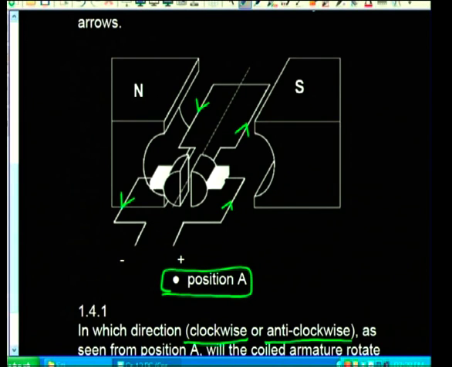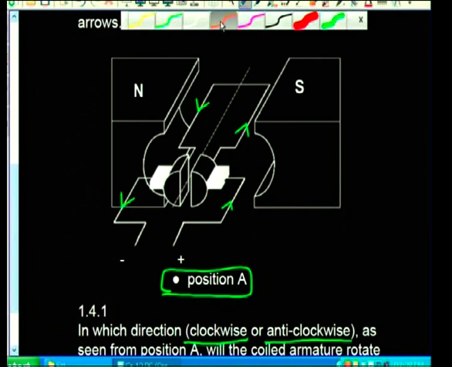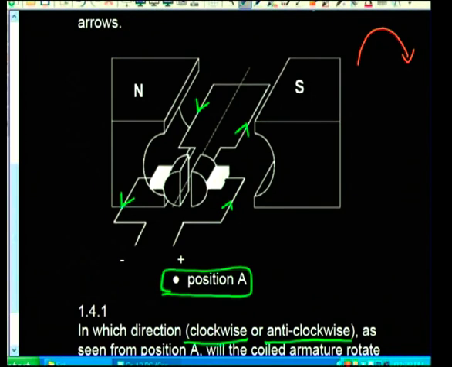It's over here. Conventional current, remember, goes from positive through my coil through to the negative. Very important. So by clockwise or anti-clockwise, let's remind ourselves which one is which. Clockwise means it goes in the same direction as a clock. You're looking at it on TV, so it's probably the wrong way around, but for me, it's going this way around, so it's to the right. So if it's going up and then across, that's clockwise, so I'm going to put CW.